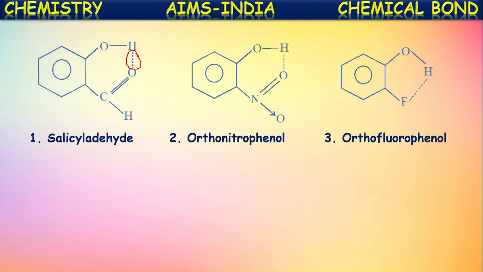This is called hydrogen bonding, and it is happening within the same molecule. That is why it is called intramolecular hydrogen bonding. Observe that in this molecule also it is happening in the same molecule, isn't it? Yes, these are called intramolecular hydrogen bonding. Intra means within the same.